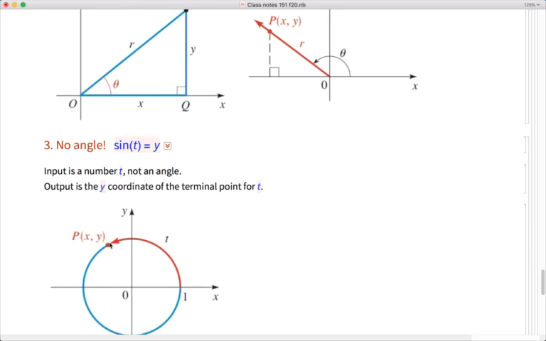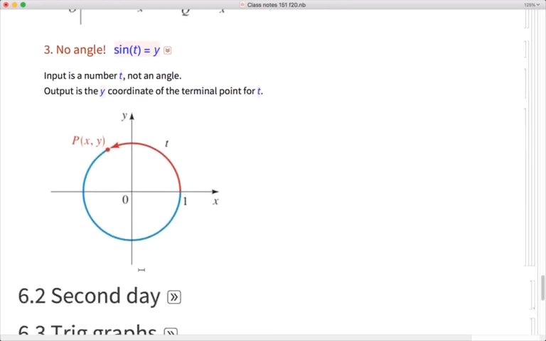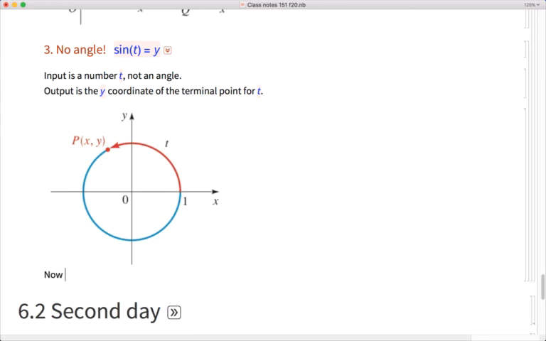This t is not thought of as an angle. Instead, it's thought of as a distance that we move along the unit circle. And that distance brings us to a terminal point. And now sine of t is the y coordinate of the terminal point.